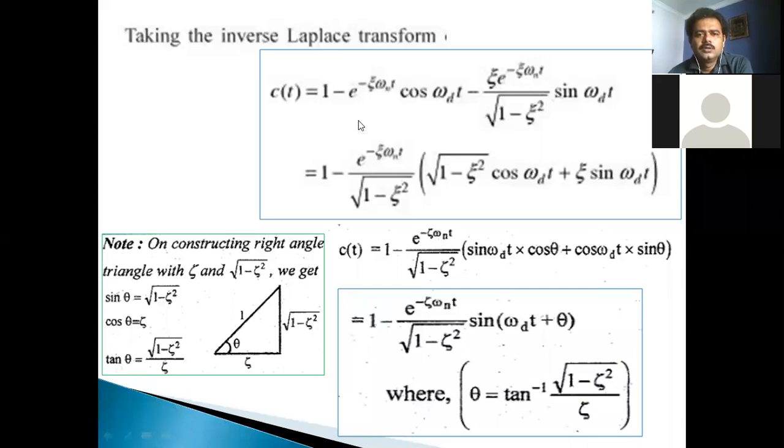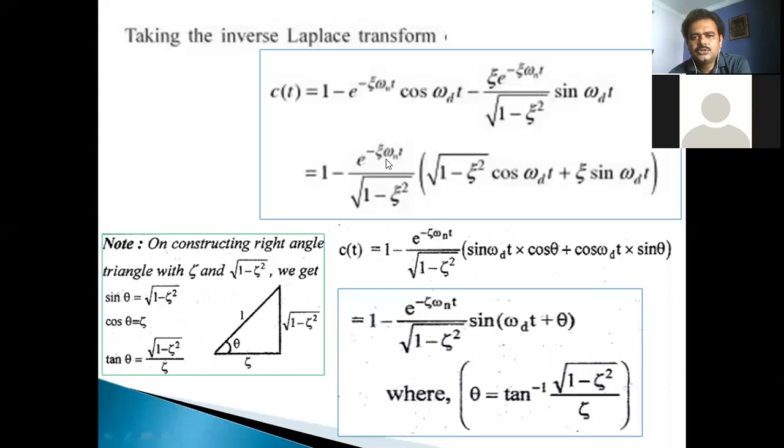Now c(t) is equal to this same thing. Now what I'm doing here is simply 1 minus e to the power of minus ζωn t into cos ωd t. Now, we multiply and divide with the same term, under square root of 1 minus ζ²; otherwise we can take the denominator term as common.